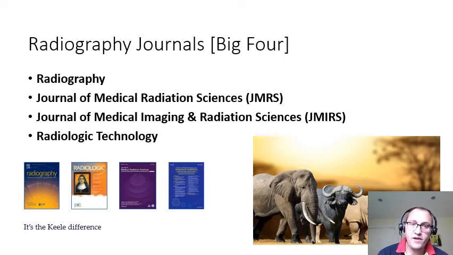That's Radiography, the Journal of Medical Radiation Sciences, which is typically the Australian journal, the Journal of Medical Imaging and Radiation Sciences, JMIRS, that's usually considered to be the Canadian journal, and Radiologic Technology is the American journal. And again, they all obviously have a journal, they have a website platform for submissions, they have an editorial board, and every article that's submitted to those journals will get sent out for peer review.